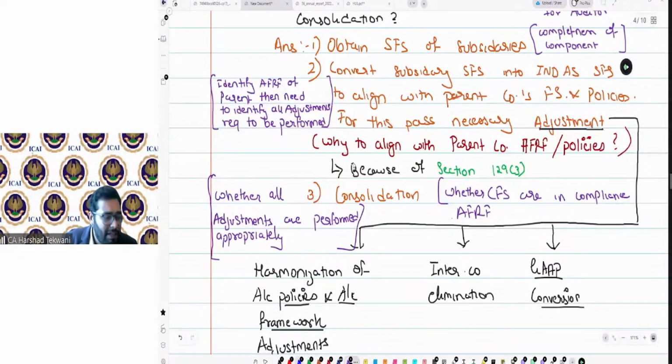Here the applicable financial reporting framework will be the same applicable financial reporting framework of the parent. And I need to perform all these steps in order to conclude and to form an opinion by obtaining sufficient and appropriate audit evidence. Clear?